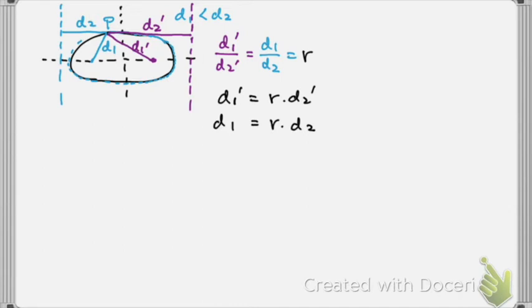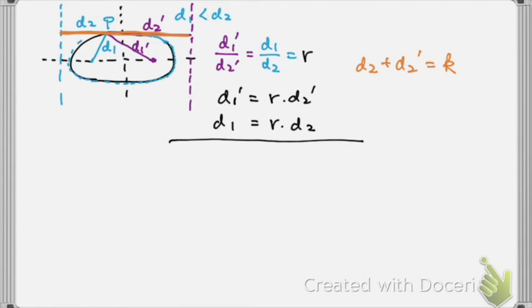Another thing we notice, which I'm going to highlight in orange, is that this distance here must be a constant, because obviously the directrix lines don't change. So I also know a relationship: D2 plus D2 prime equals a constant. Let's just call that K. Well, that leads to a very interesting conclusion. Let's add these two equations.